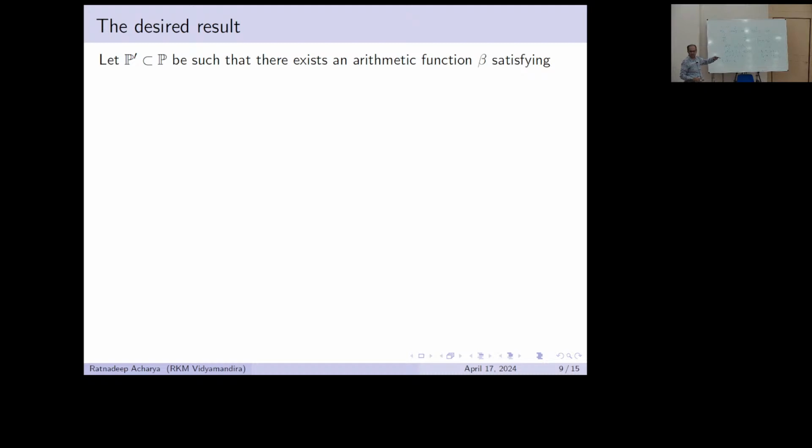The first one is that beta of p is less than or equal to the characteristic function on P prime. What do we mean by the characteristic function on P prime? It takes value 1 if p lies inside P prime and 0 otherwise.